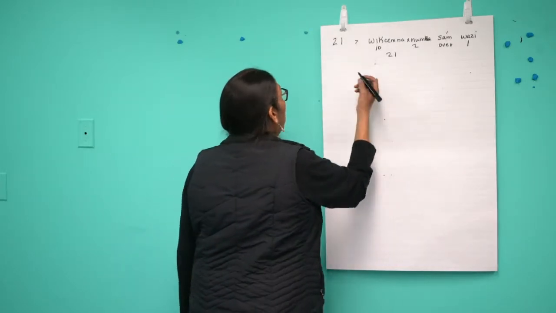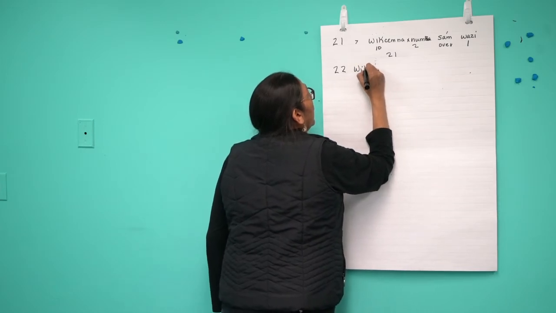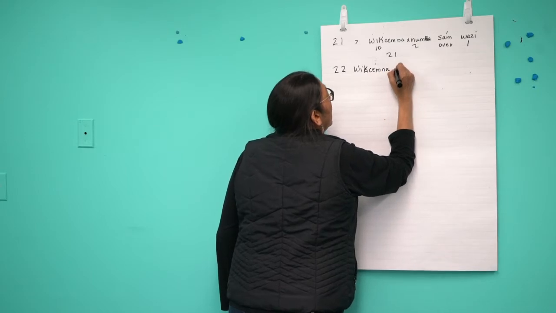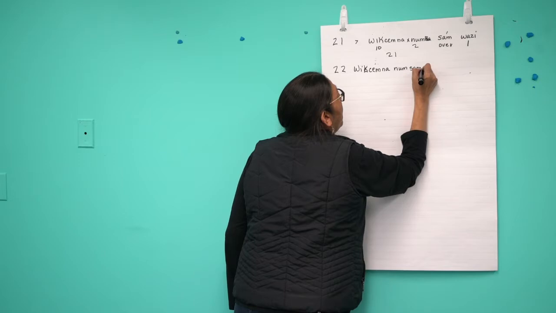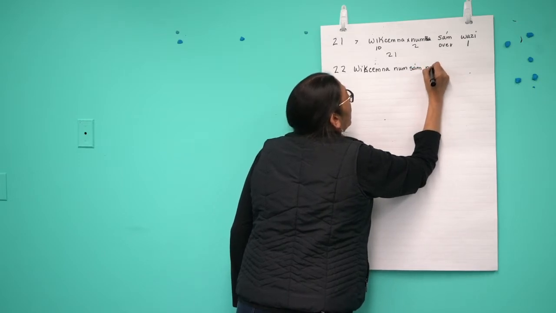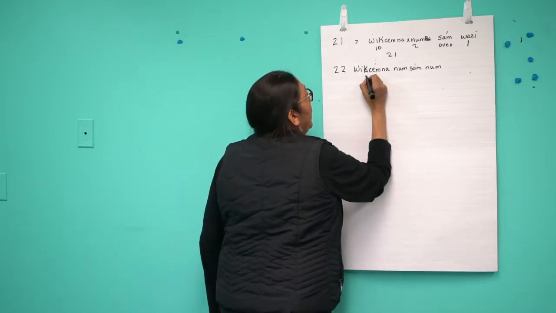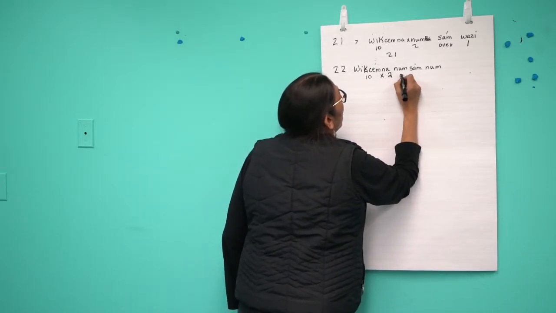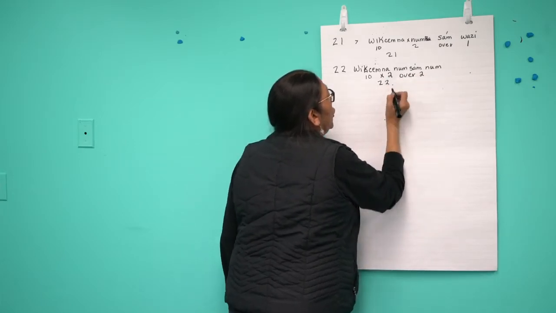And then to 22 again. Wikjemna num sam num. 10 times 2 over 2, 22.